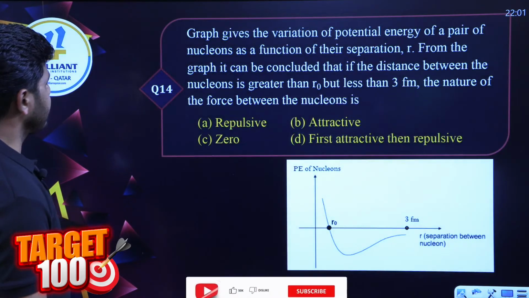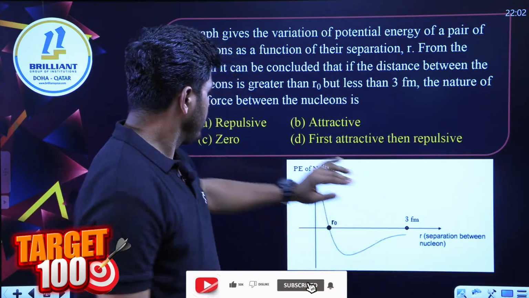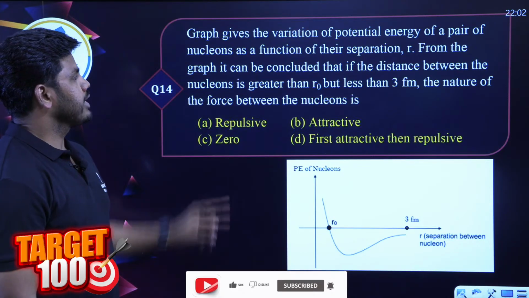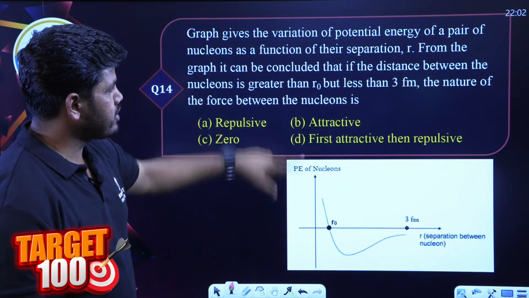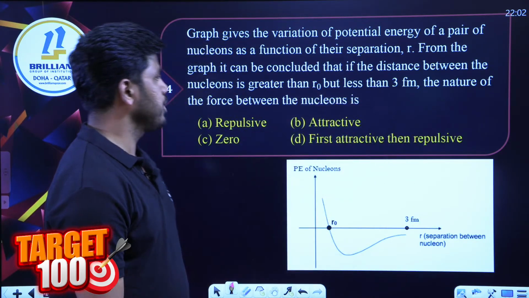Now, next one. Again, a similar question based on the same graph, more conceptual, but you can now answer it very easily. The graph gives the variation of potential energy of a pair of nucleons as a function of their separation. Exactly the same description given.